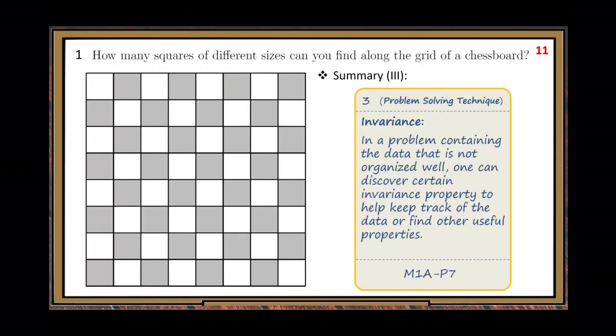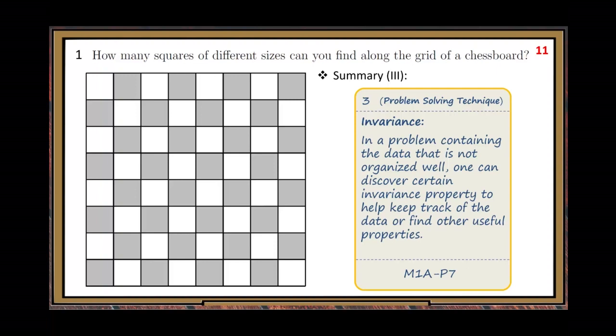Flashcard number 3, the invariance property. We know it's very important. Here I put it in our flashcard number 3: in a problem containing data that is not organized well, we can discover a certain invariance property to help keep track of the data or find other useful properties.